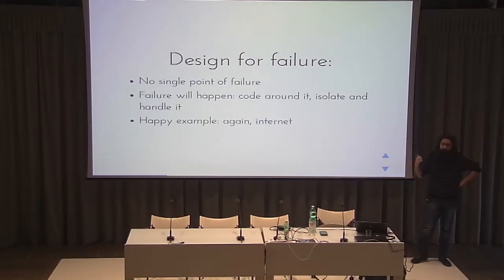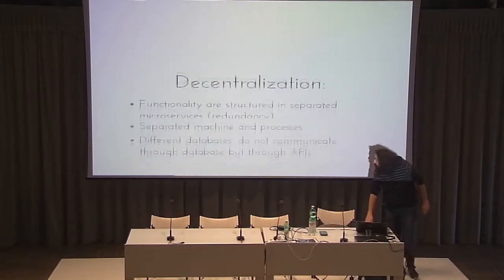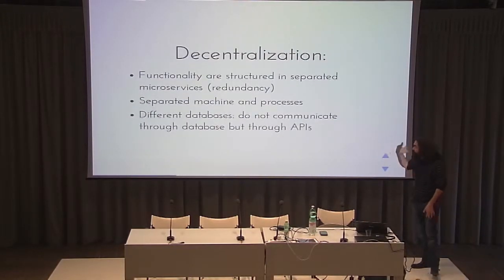And I'm doing the same. If there's a bug in a microservice, I don't want this bug to affect and destroy everything. I'm isolating these microservices and these functionalities. And decentralization, as I said, is the key of functionalities and data.